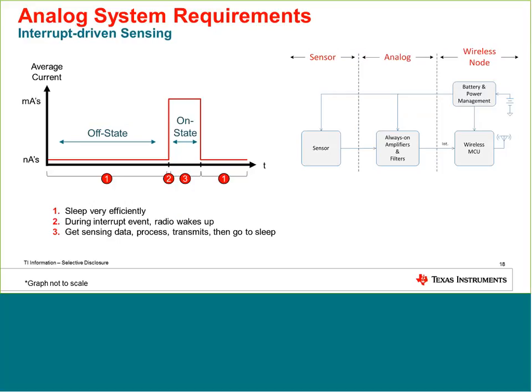And that presents really difficult challenges, because the sensor now needs to be very, very low power. The sensor, amplifier, and filter need to fit in that range of 1.5 microamps that we were talking about before.